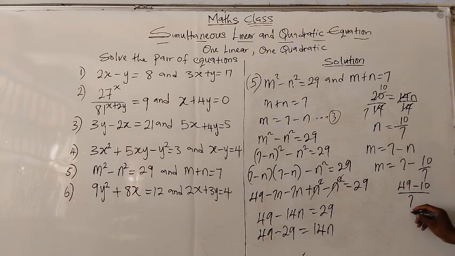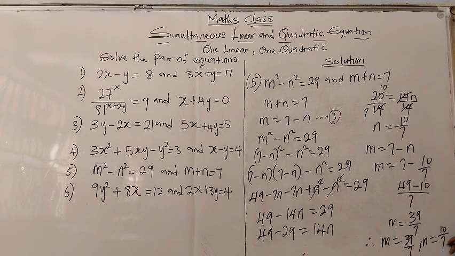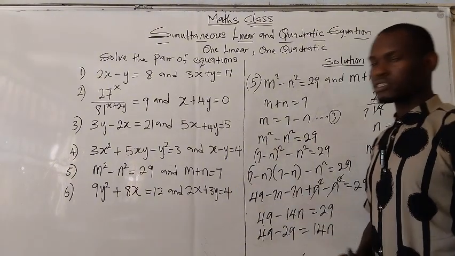When you subtract, we are going to have 39 over 7. That is the value of m. Our conclusion, m is equal to 39 over 7, and n is equal to what? 10 over 7.